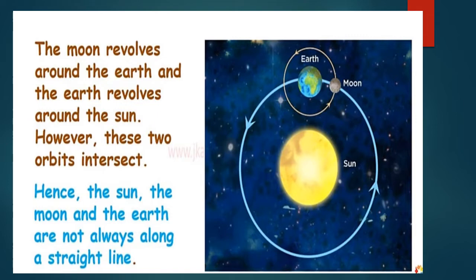It means the path that the moon takes to travel around the earth is the moon orbit, and the path that the earth takes to travel around the sun is known as the earth orbit. Okay, but students, these two orbits, earth orbit and moon orbit, intersect with each other. Hence, the sun, the moon and the earth are not always along a straight line.